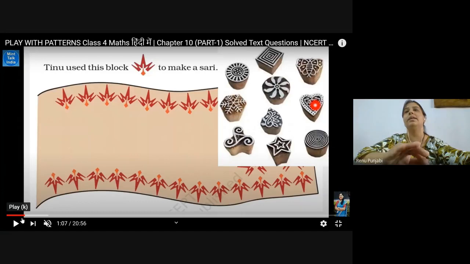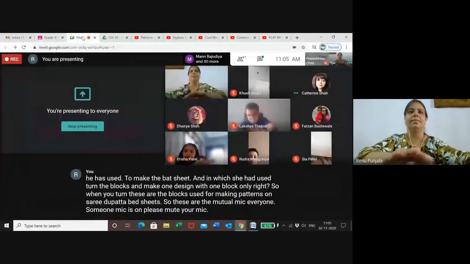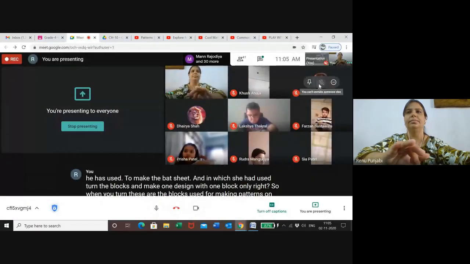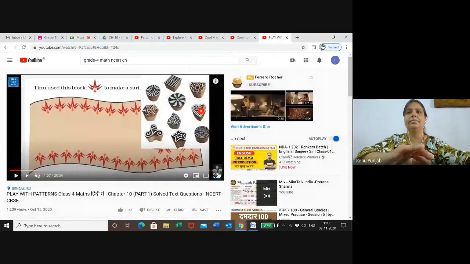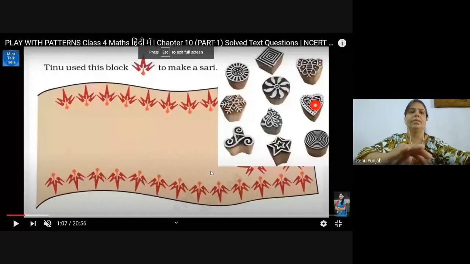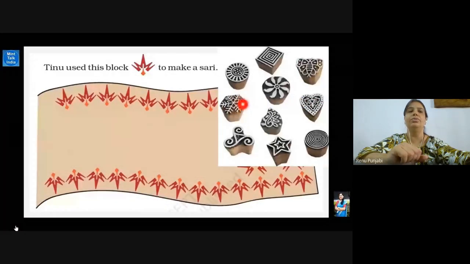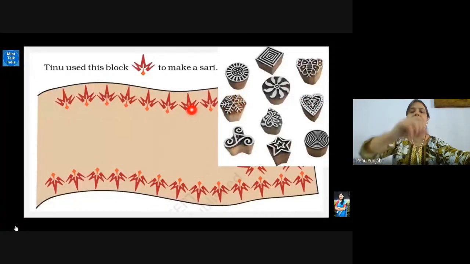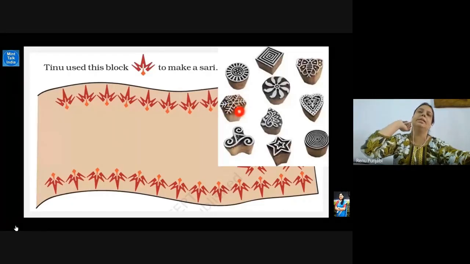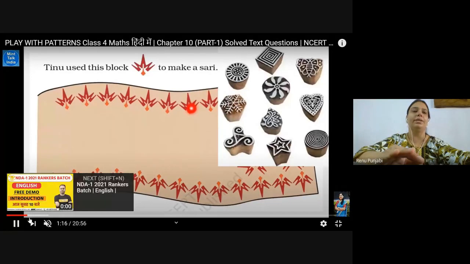So when you turn, these are the blocks used for making patterns on saris, dupattas, bed sheets. Please mute your mic, everyone. Someone's mic is on, please mute your mic. These are the blocks which are used to make printing on saris, dupattas, lehengas, whatever, right?